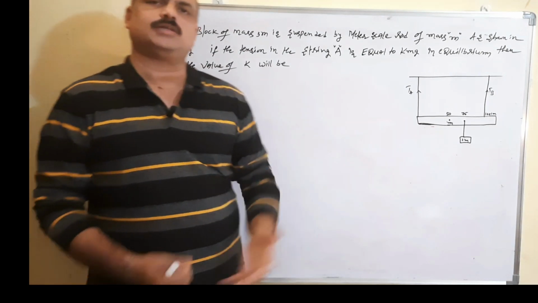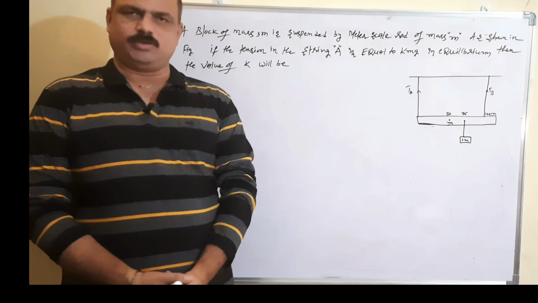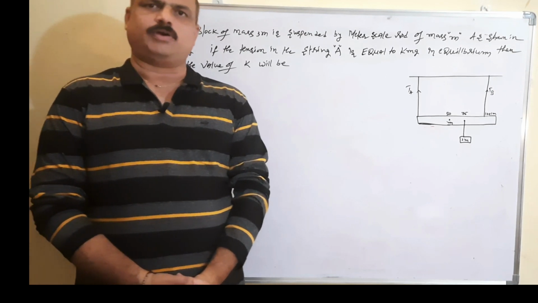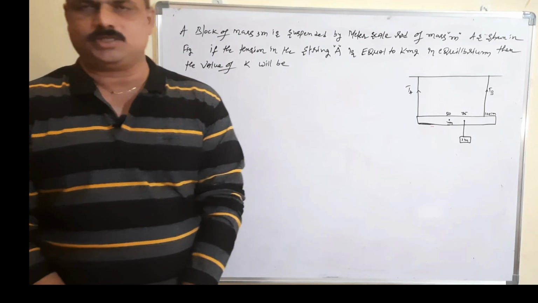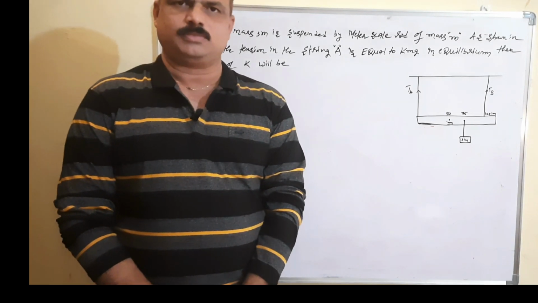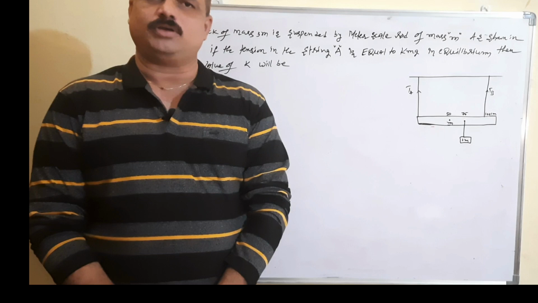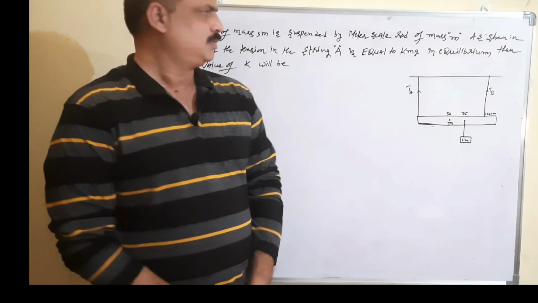Now, the rod is in rotational equilibrium. What is meant by rotational equilibrium? A body is said to be in rotational equilibrium if the net torque is 0 about any fixed point.